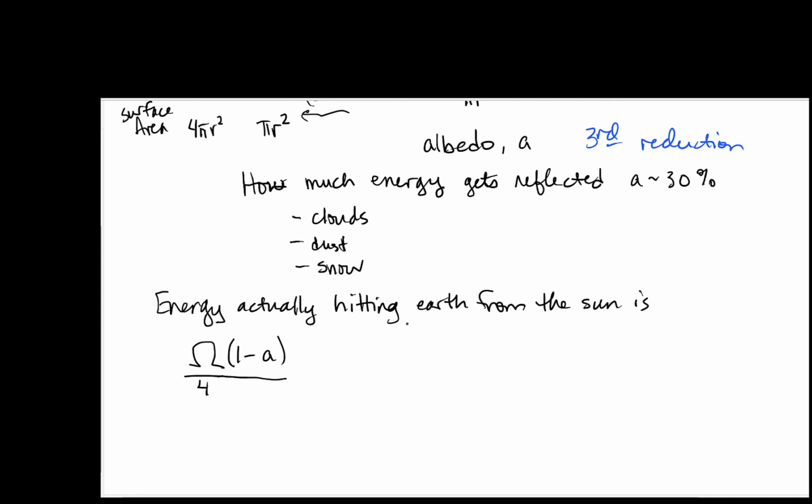So 0.7, right? And this is going to be equal then to how much warming we actually get. So we can solve for T to find Earth's predicted temperature.